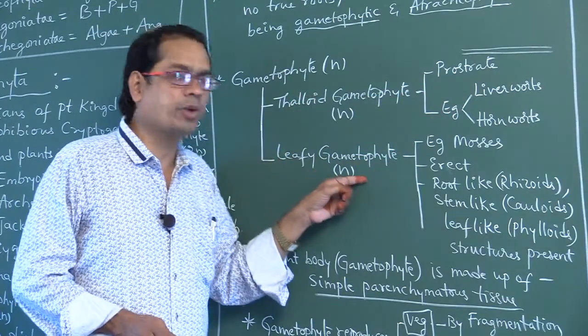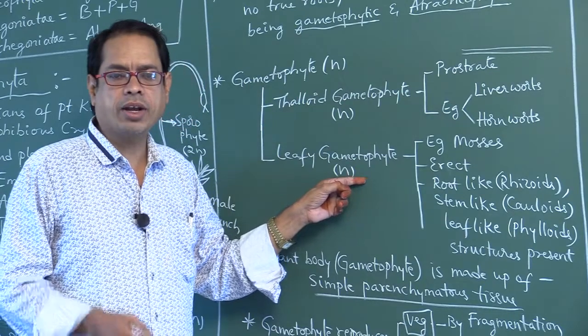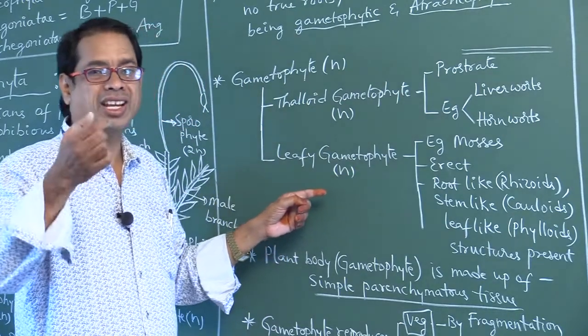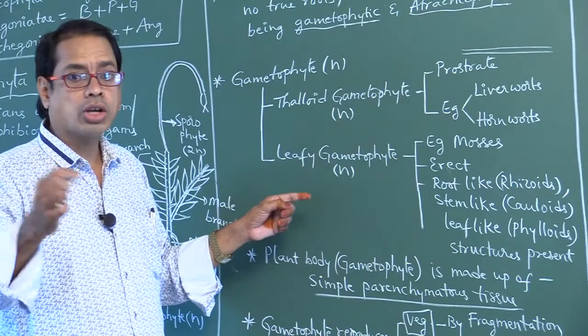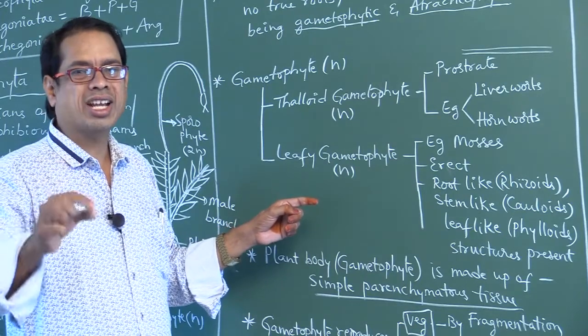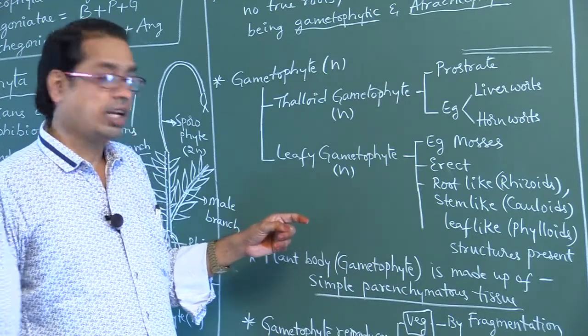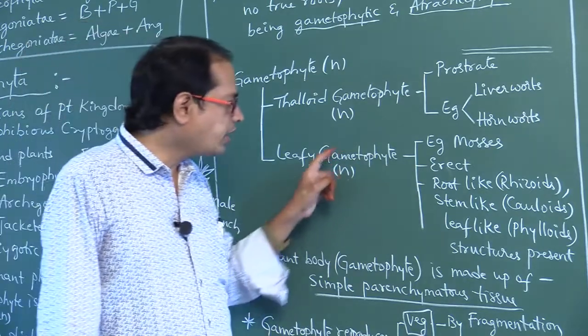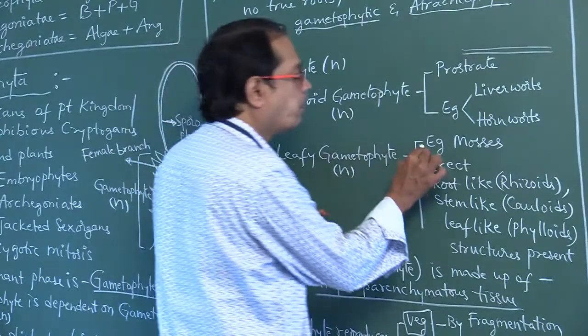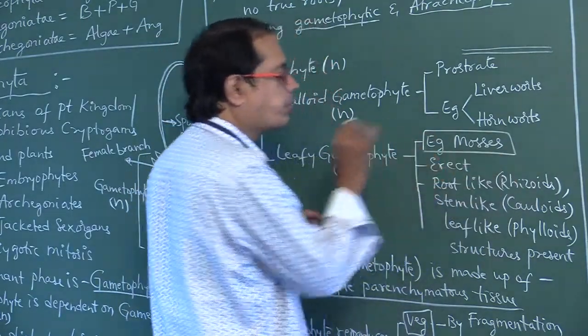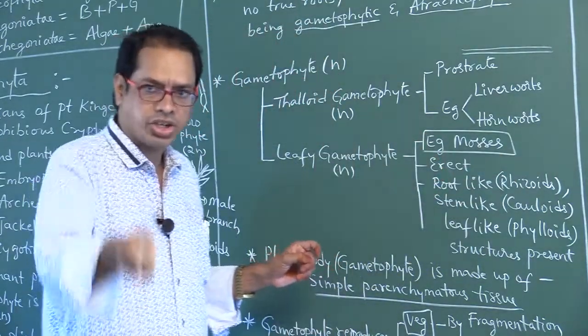And leafy gametophyte. A leafy gametophyte means a gametophyte that possesses leaves. Those are not considered true leaves. Those are considered to be leaf-like structures. So, a leafy gametophyte is found in mosses. Very, very important. Erect means straight.